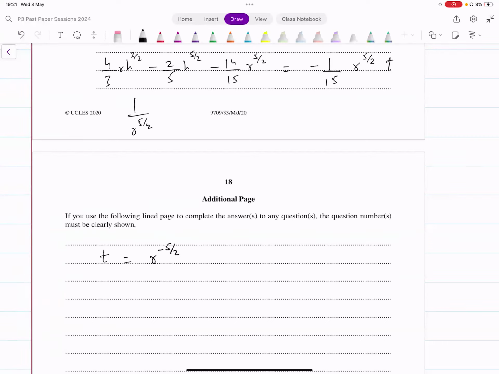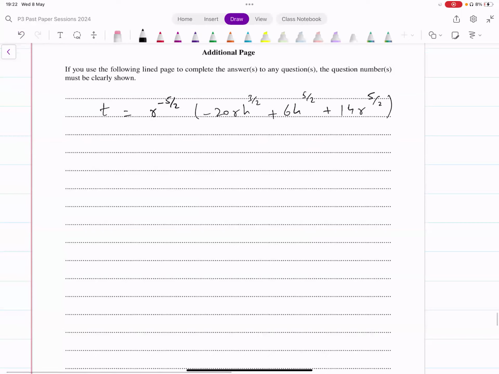So I'm getting minus 20 r into h raised to the power 3 over 2 plus 15 into 2 over 5, that's 6 h raised to the power 5 over 2 plus 14 r raised to the power 5 over 2. And this is T in terms of H and R.